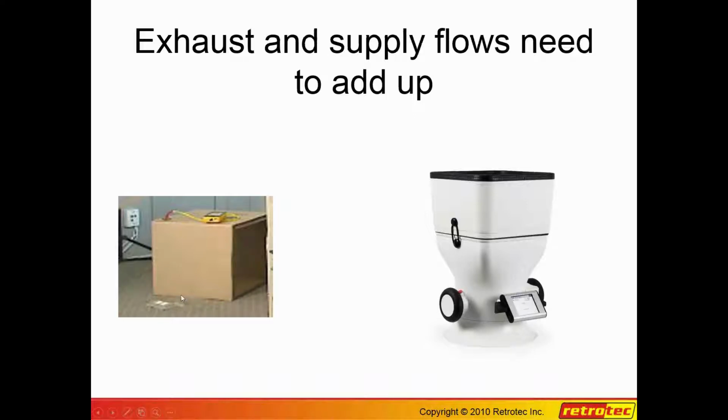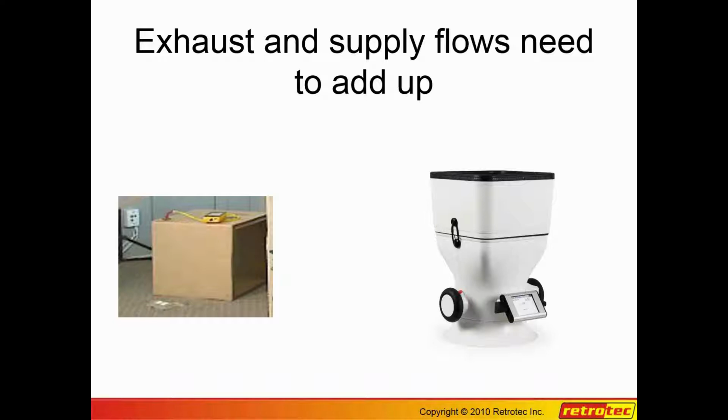Now, the simplest possible thing is, if you've got nothing else, you take a box, you slap it over your inlets and your outlets, you stick a gauge on it, and you measure the flow rate. These things, even though they look inexpensive, and actually they are, measure exhaust flows pretty well, but almost nothing measures supply flows well.